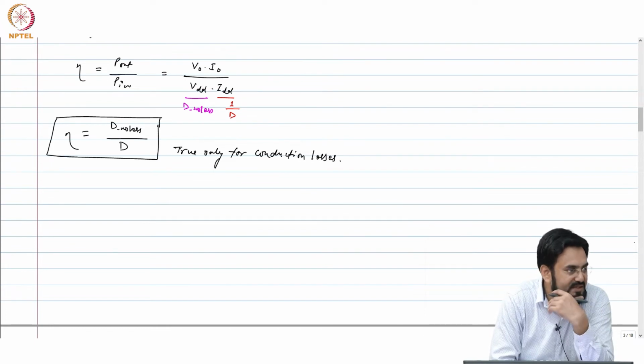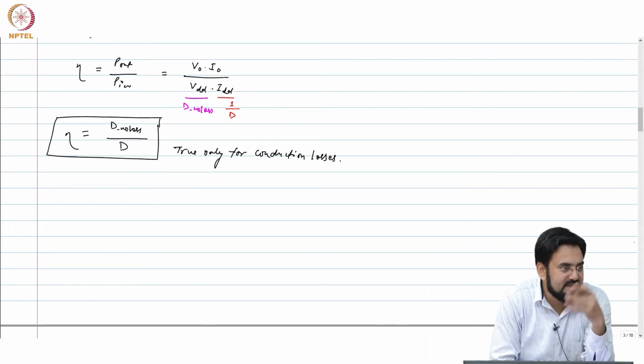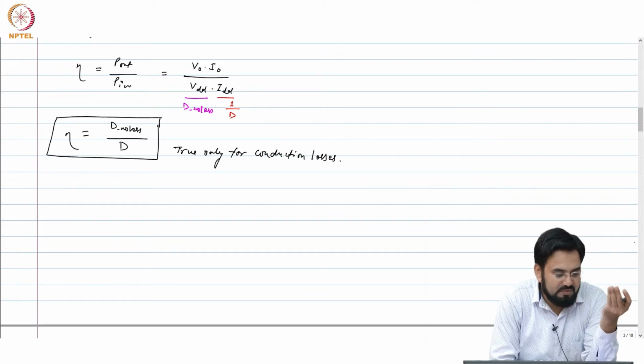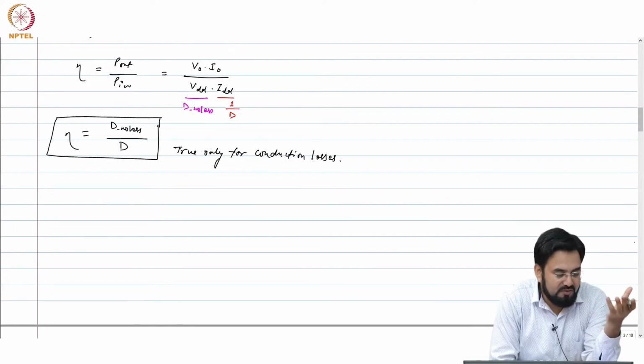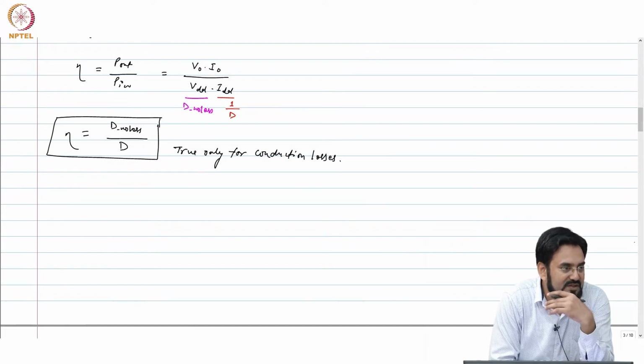So, you can easily measure it. Just by changing the load, you can measure both D no loss and D, and take the ratio. You know that D no loss will always be less than D, because D has to increase in order to compensate for the losses. So, efficiency will always be less than 1 or less than 100%.